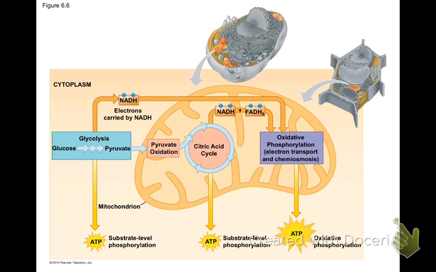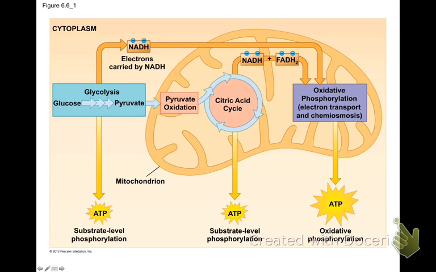Okay, so in a nutshell, let's just sum it up. I need to also talk to you about what this particular picture means. Let me just go back to this. Okay, so you have your glucose being converted to pyruvate, and I made ATP. Now this ATP was made how?